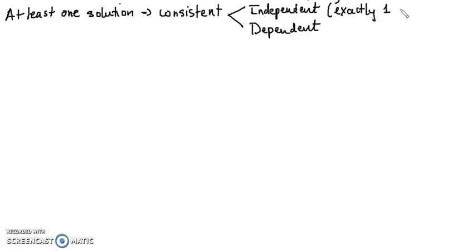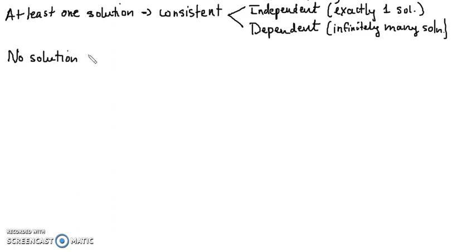Now, in a dependent system, we have infinitely many solutions. And then a system that has no solution, we call inconsistent.